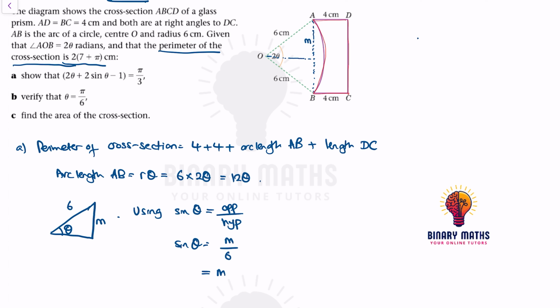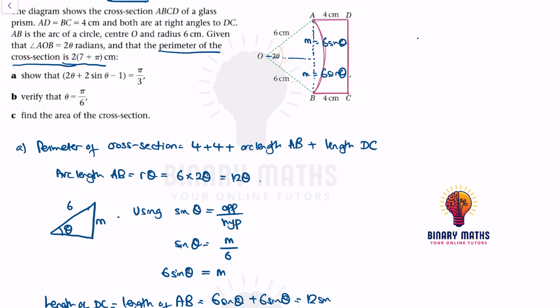So M is equal to 6 sine theta. So if this is 6 sine theta, then this is also 6 sine theta, which means the length of DC is equal to 6 sine theta plus 6 sine theta, which is equal to 12 sine theta.